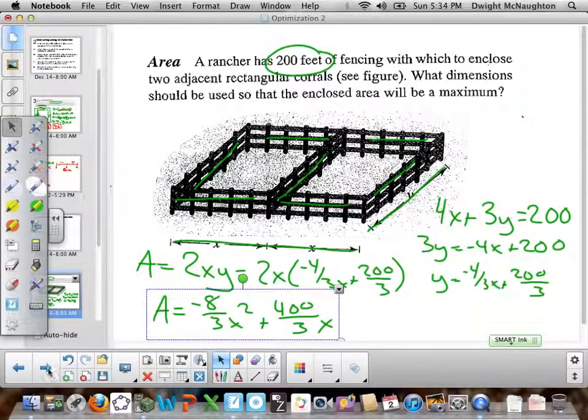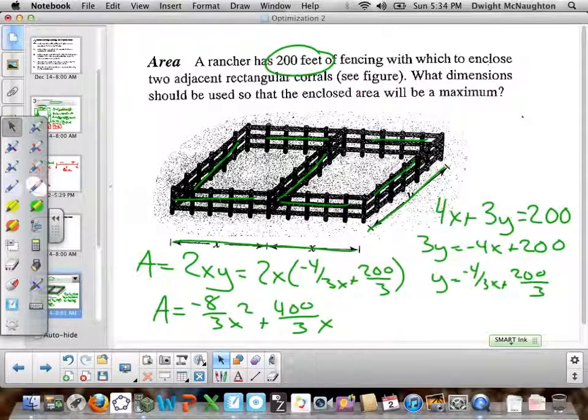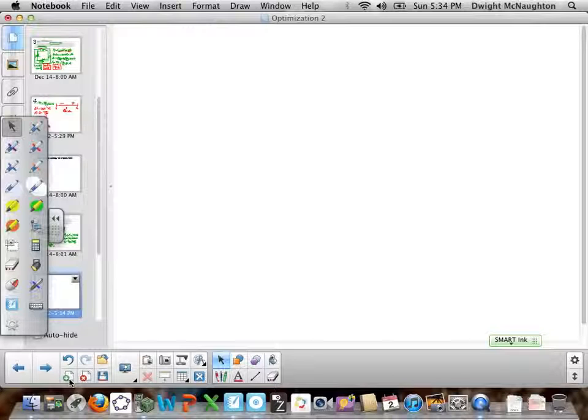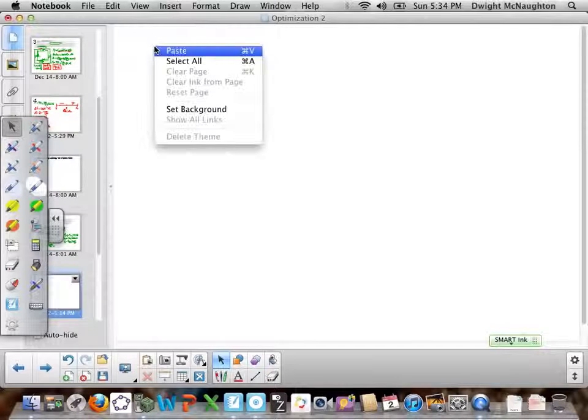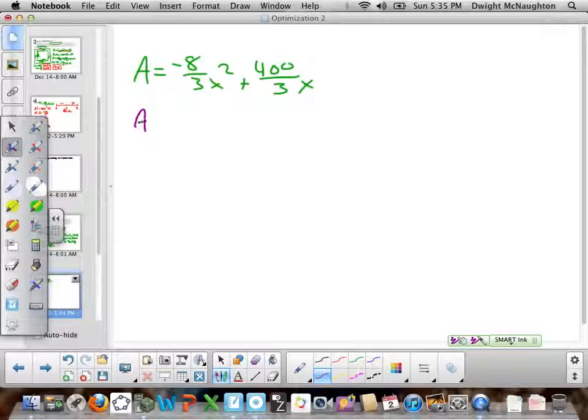Go into a new page. And we'll derive it. A prime equals 2 times negative 8 thirds is negative 16 thirds x plus 400 thirds.